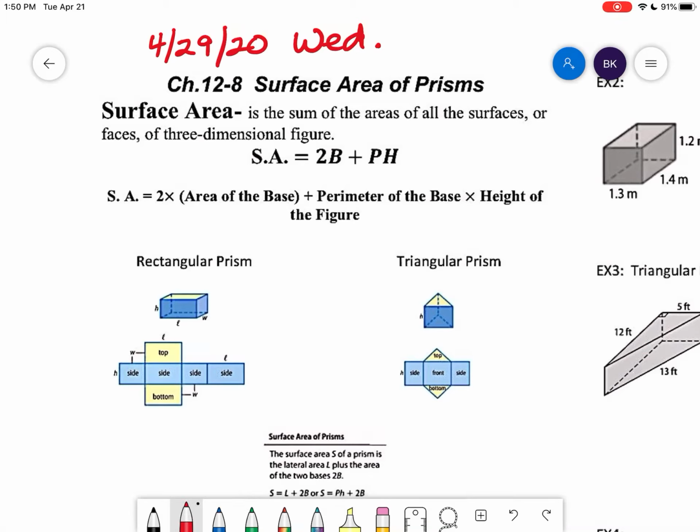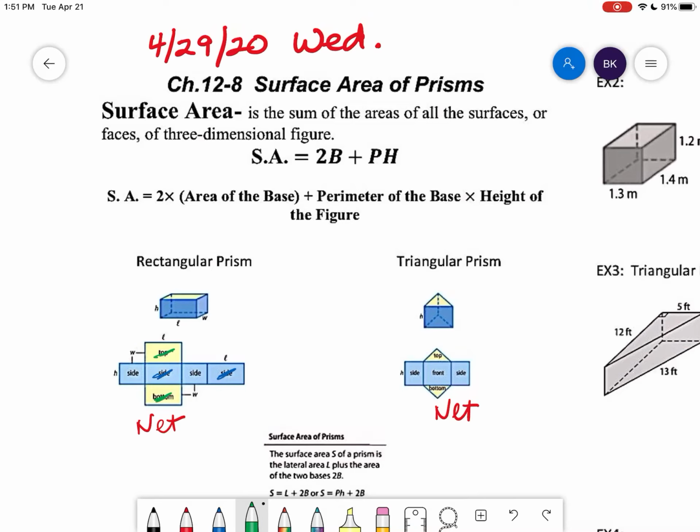When I say nets, these are the nets. This is a net of the rectangular prism, and this is a net of the triangular prism. And remember what we did? We found the areas of similar faces and then added them together. For example, these two are the same, right?